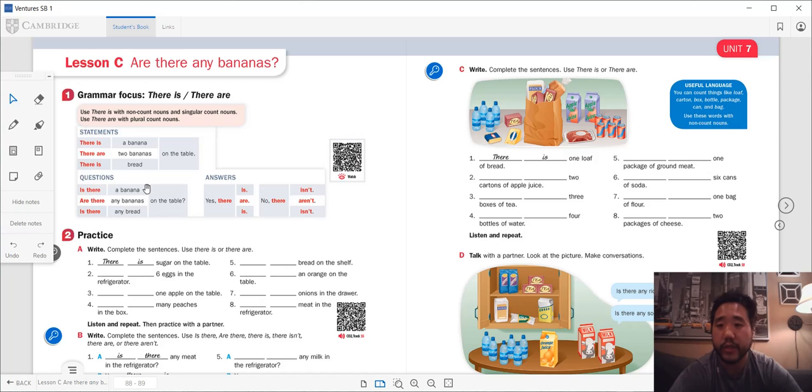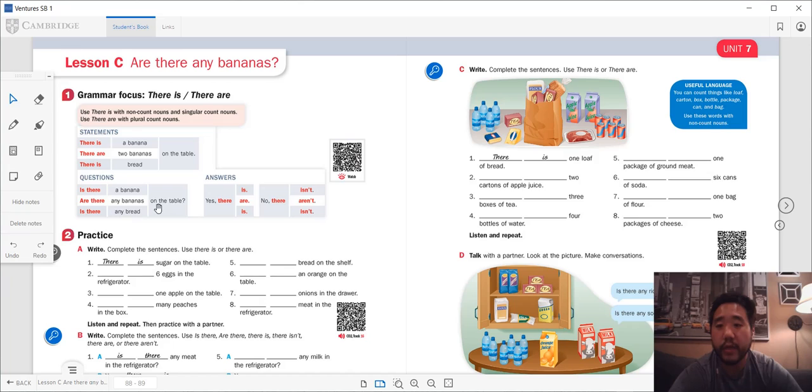Now for questions and answers. Is there a banana on the table? If it's a yes, we say yes, there is. If it's a no, we say there isn't. Are there any bananas on the table? Yes, there are. No, there aren't.